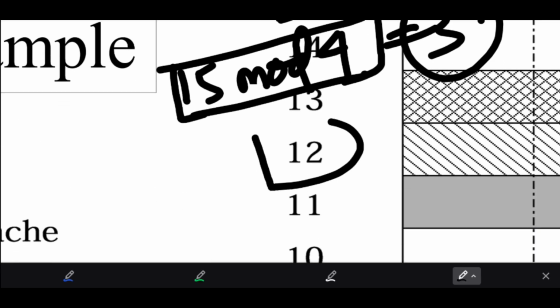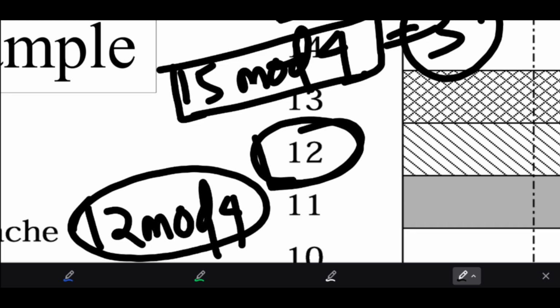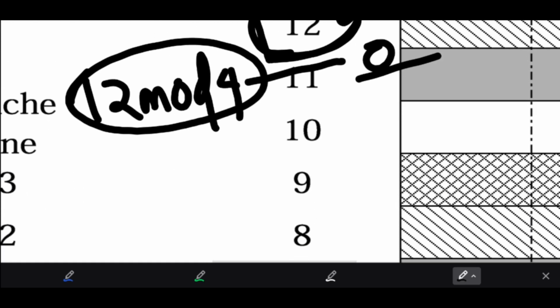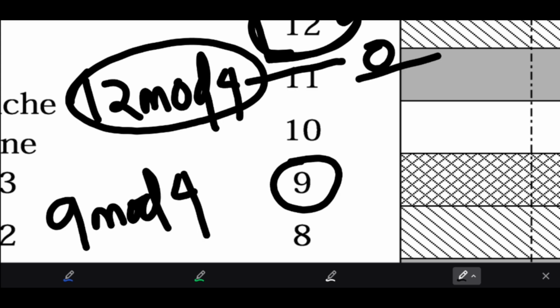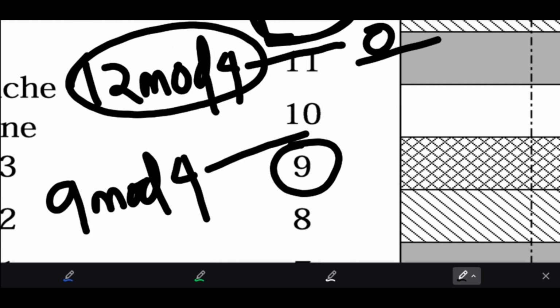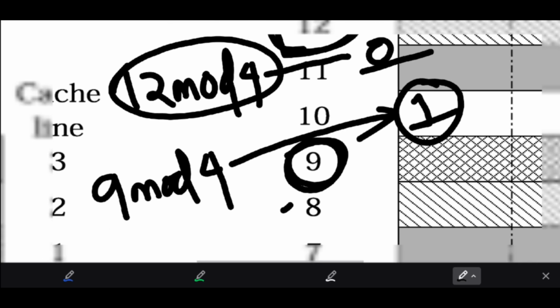Let's discuss 12. 12 mod 4 gives 0. Then this block is mapped to cache line 0. Then let's discuss 9. 9 mod 4 gives 1, so the 9th block is mapped to the first cache line.